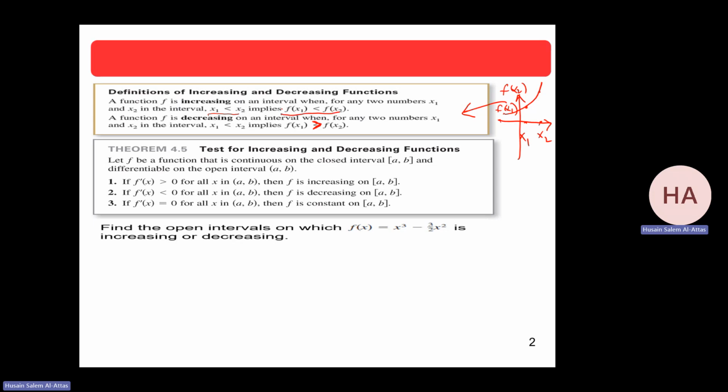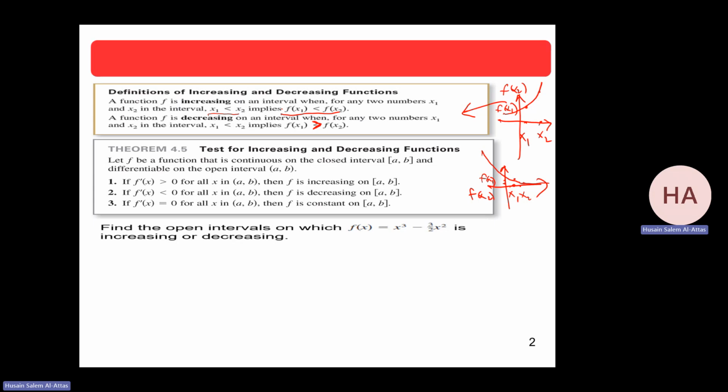Decreasing, it will be the other way. If you go to the meaning of decreasing, assume I have this, then you have x1, this is f of x1. But if I take x2 bigger like this, then f of x2 will be less than f of x1.